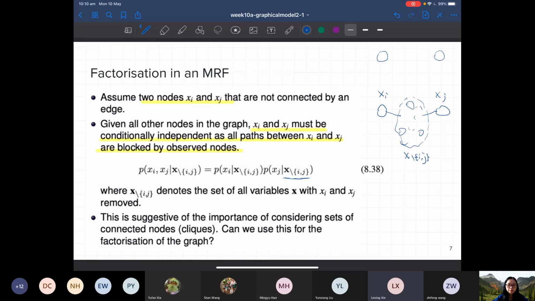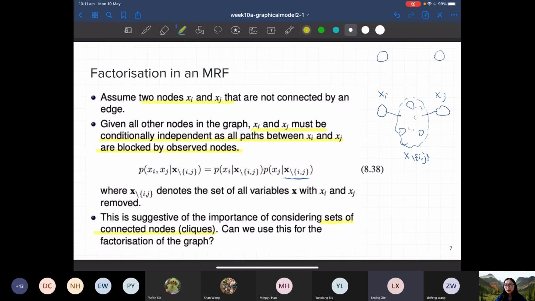What this statement also says is that if xi and xj are not directly connected to each other, then they're conditionally independent given other nodes.